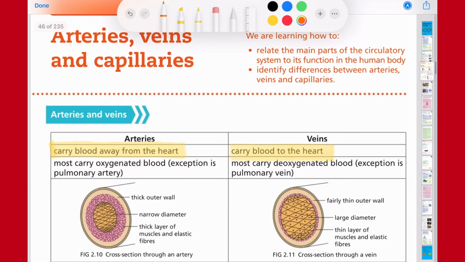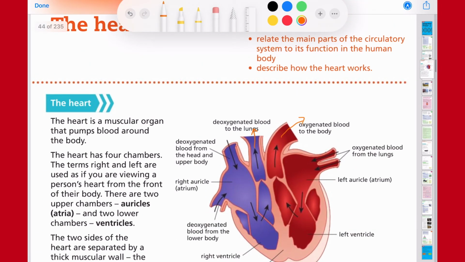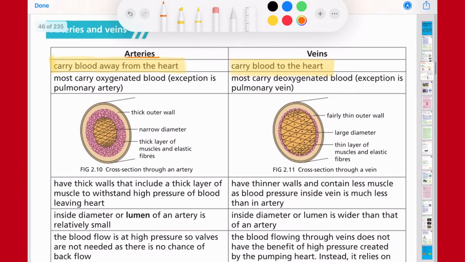Arteries carry blood away from the heart, so these two vessels here are arteries. And veins carry blood towards the heart, so all of these are veins. Once it is carrying blood away from the heart, it is going to be an artery.